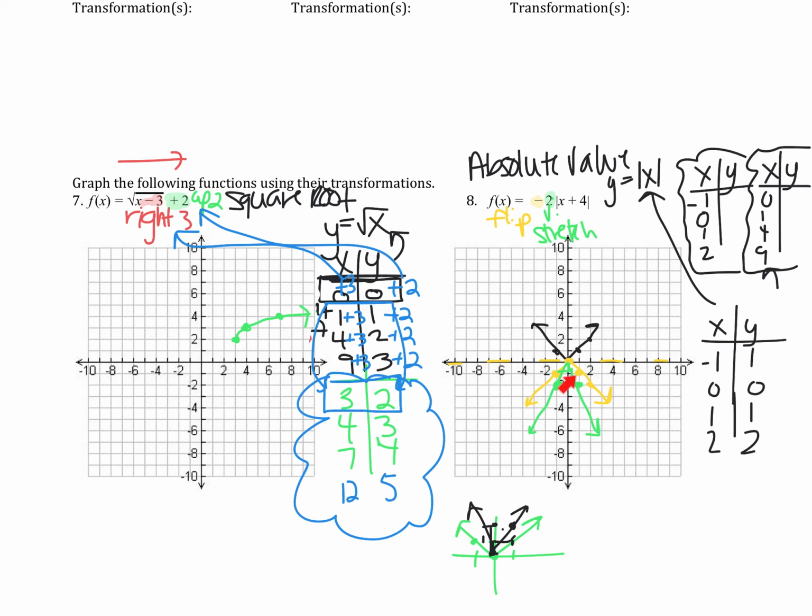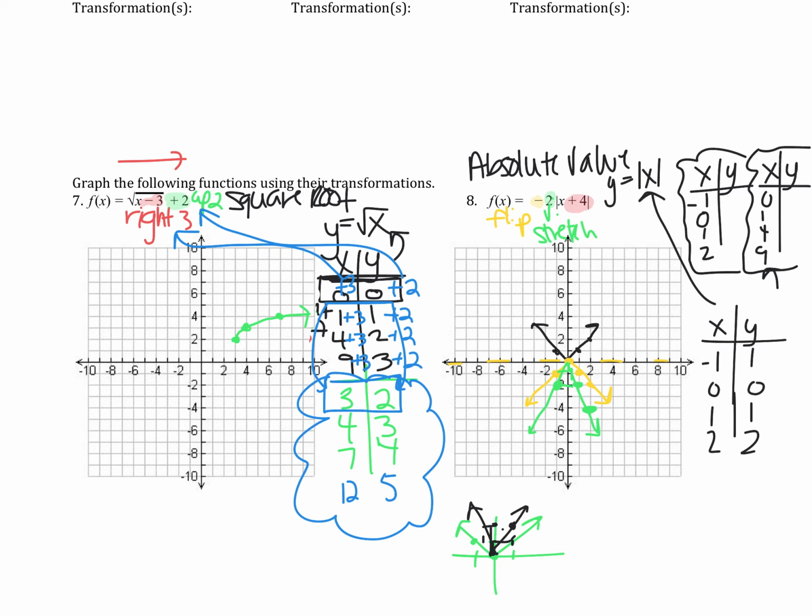Originally, the y value for this point was -1. To stretch it by 2, I multiply by 2 and it goes to -2. Likewise, on the right side, the y value is at -2 right here. If I stretch it by 2 and multiply by 2, I should now go down to -4. So I need to put that additional point at -4, and I now have stretched it by 2.